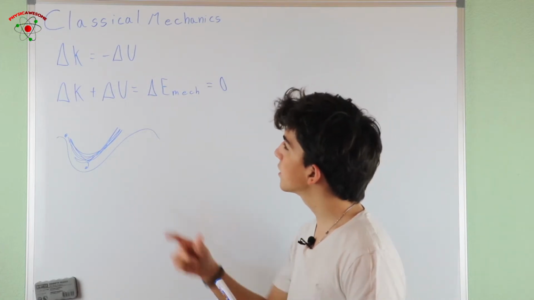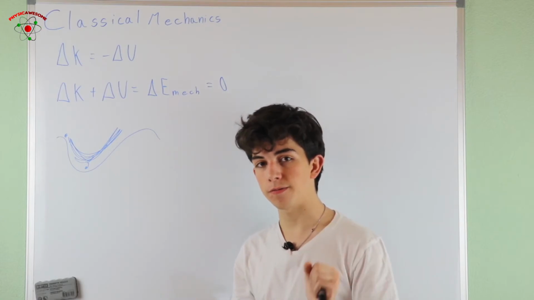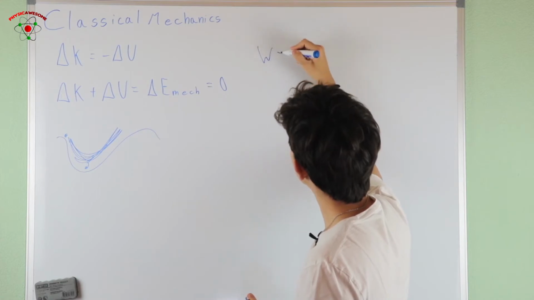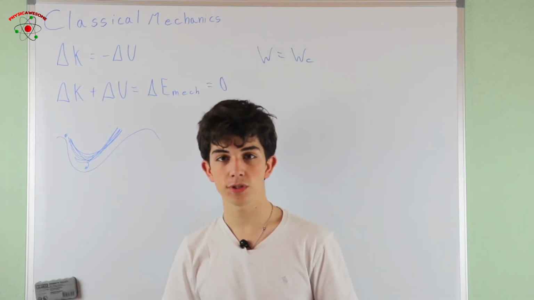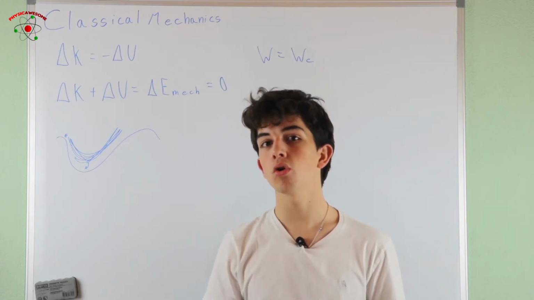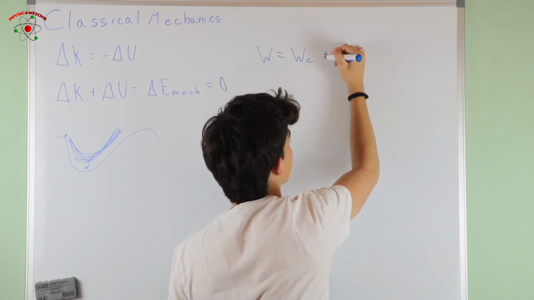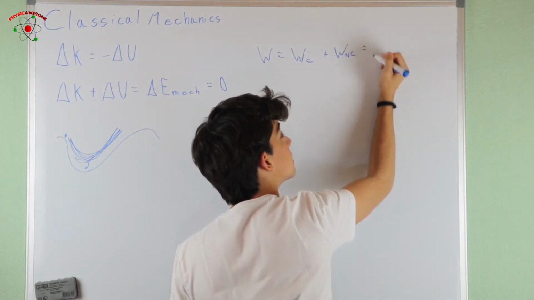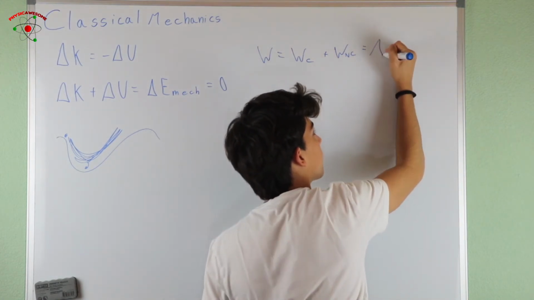We have defined this potential energy quantity for conservative forces, for a work equal to the work created by conservative forces. But there's also some work we will need to do to deal with non-conservative forces. And this is really what is equal to the change in kinetic energy.